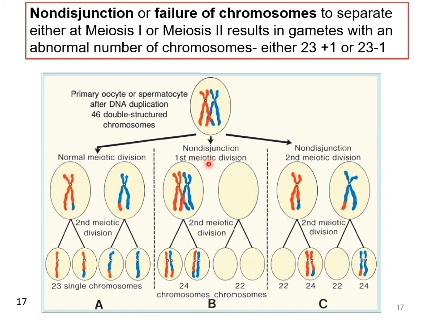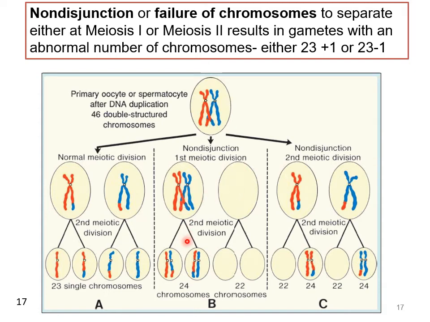Now, if non-disjunction occurs in the first meiotic division, that means each of these chromosomes was supposed to go separate ways in each cell, say primary to secondary spermatocyte or oocyte, but they both went to one cell. So there is one cell which has one less chromosome, right?